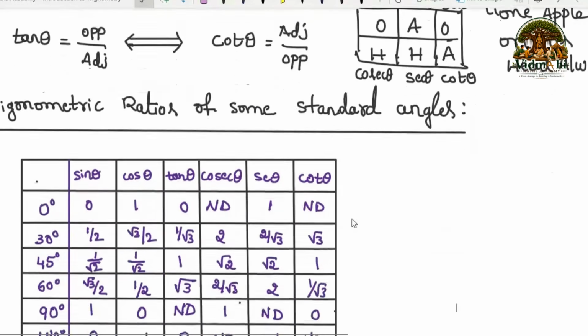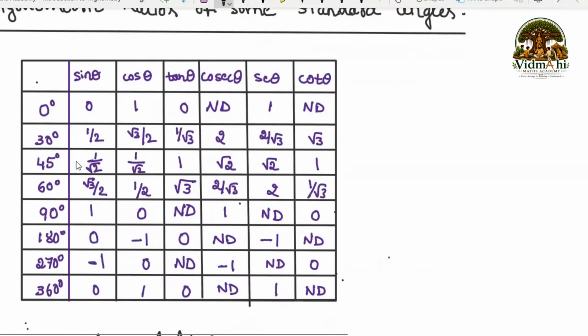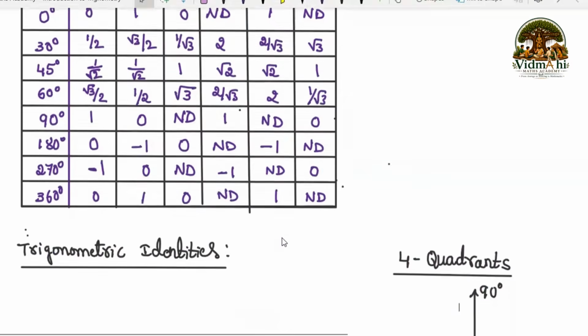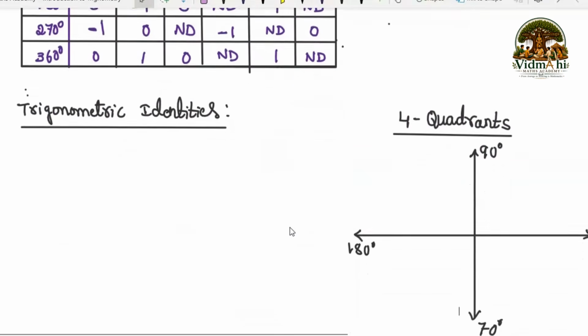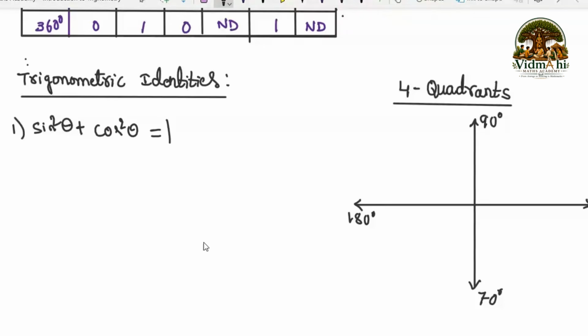Now you already know that trigonometric ratios have some standard angles from 0 degree to 360 degree. Okay, next is trigonometric identities. There are three basic identities. First one is sin square theta plus cos square theta is equal to 1.